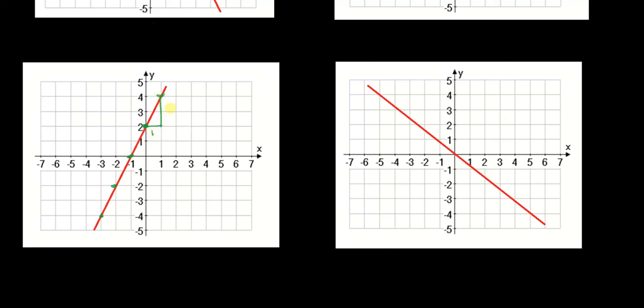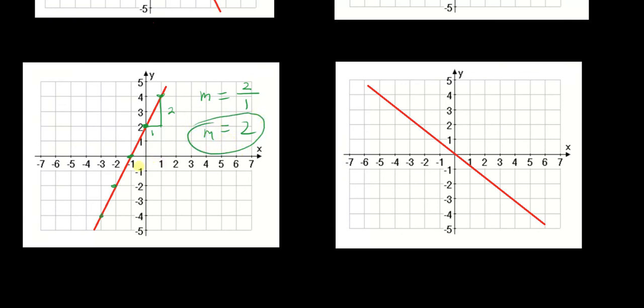So 1 positive, 2 positive, so m is going to equal, so my y movement is 2 up, and my x movement is 1 over, 1 positive. So we could just call that 2. So this 2 over 1 obviously reduces to 2. So I have my m.